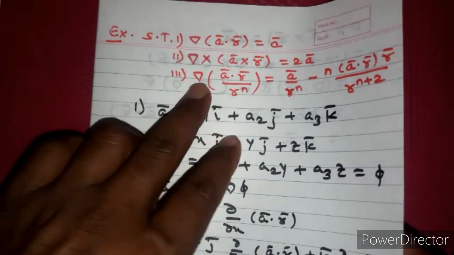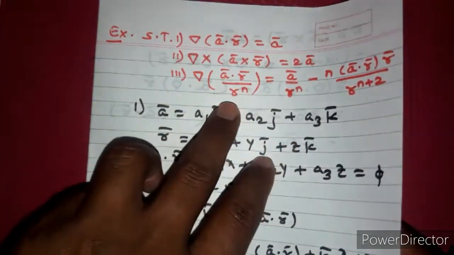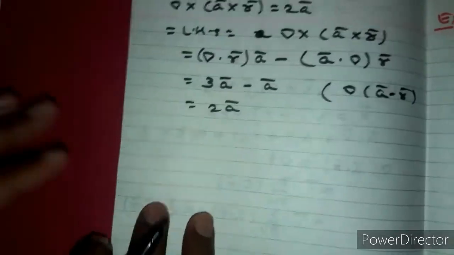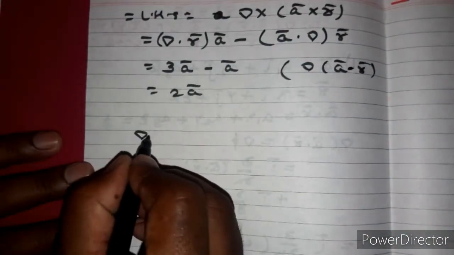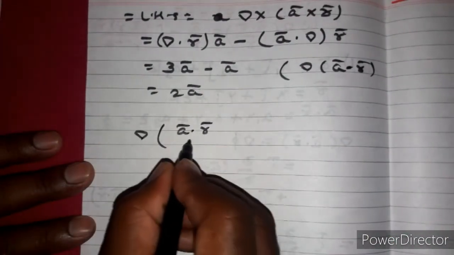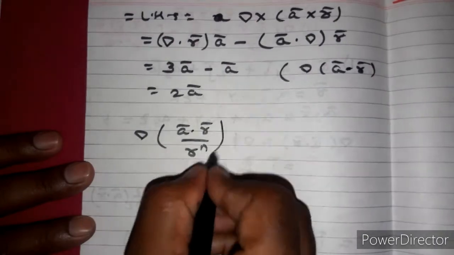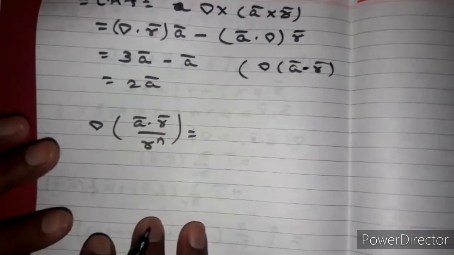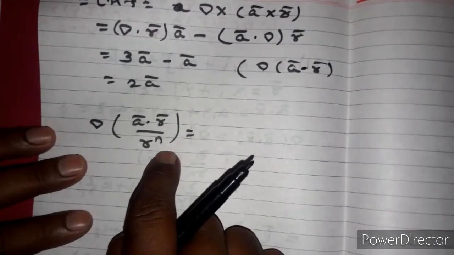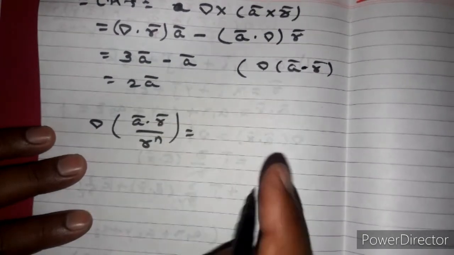Now one more identity we have to prove: del of a bar dot r bar upon r raised to n. Let us try it. We write it properly first. R raised to n in the denominator, so we can write it as r raised to minus n.